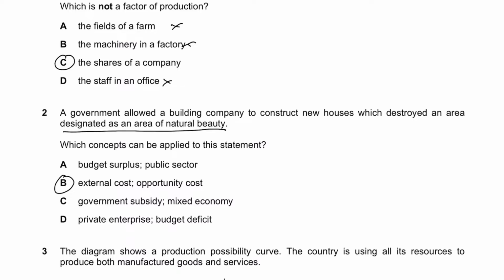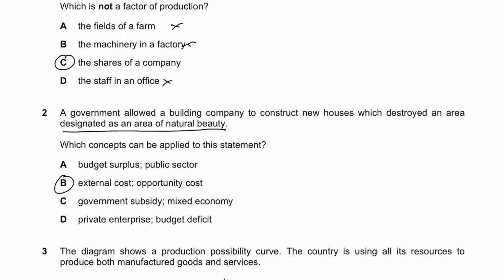Private enterprise, yes, they're talking about a building company which can be considered a private sector enterprise. But again, no mention is made about a budget deficit, because they haven't mentioned whether the government's expenditure is exceeding tax revenues. A budget deficit arises when government spending exceeds the tax revenue. So B is the correct answer.